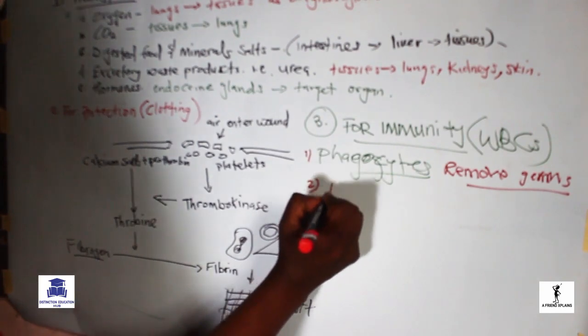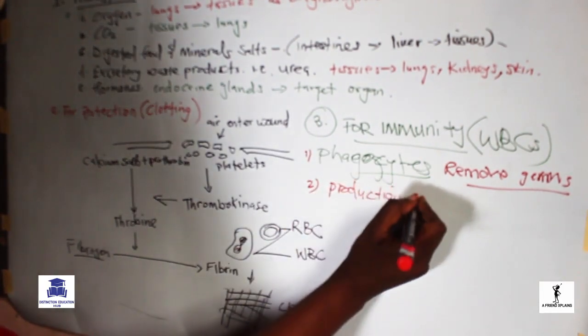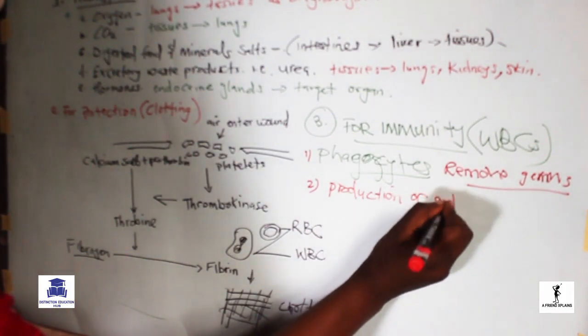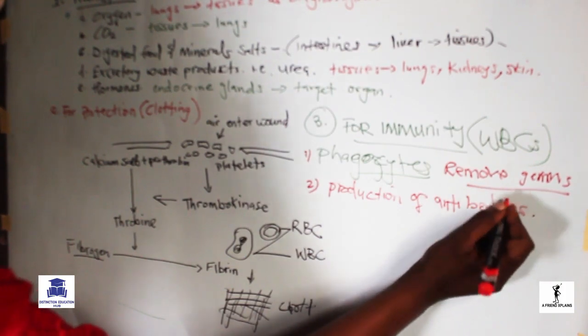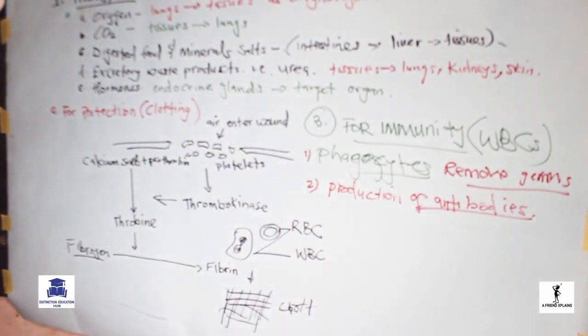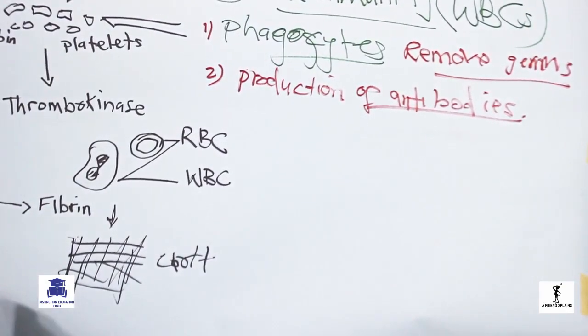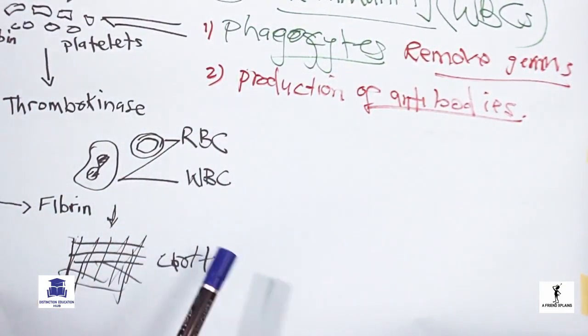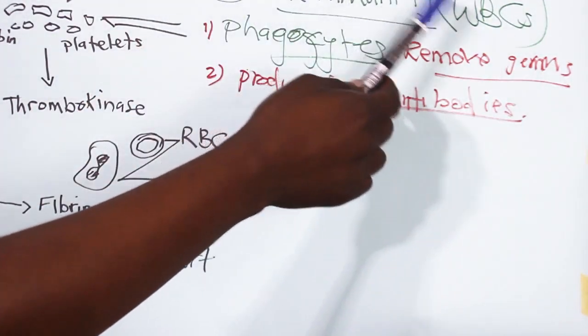So they are responsible for the production of antibodies. I talked about antibodies being one of the proteins found in the blood plasma. So as I mentioned, the function of the blood is for immunity.